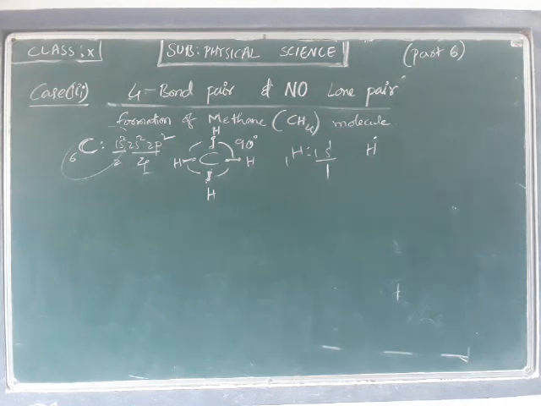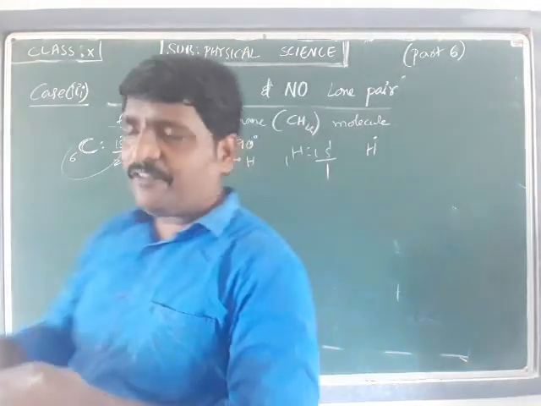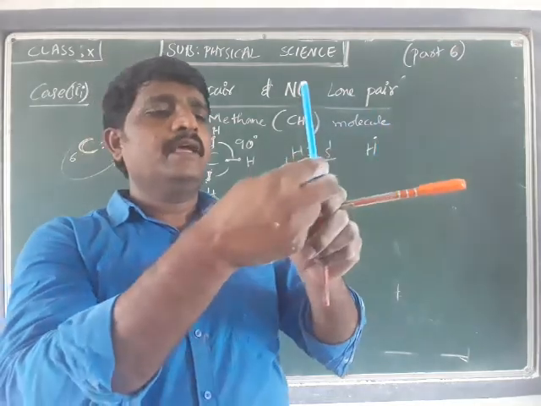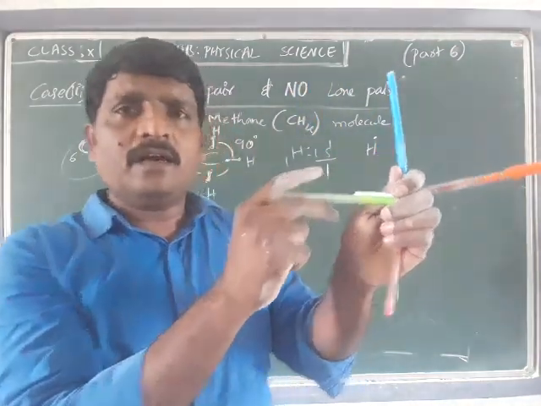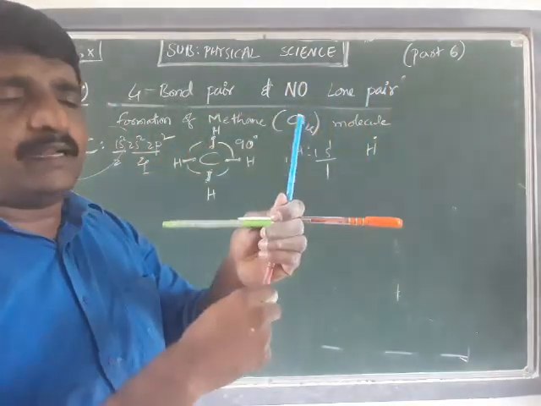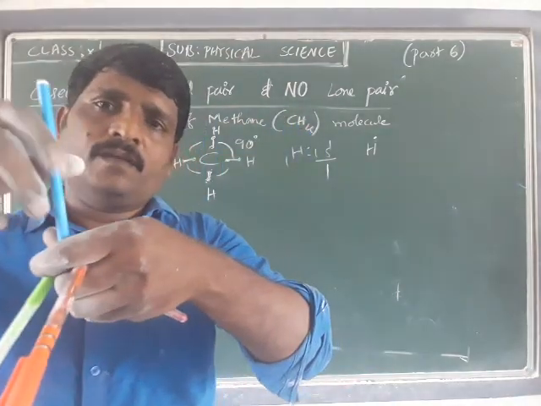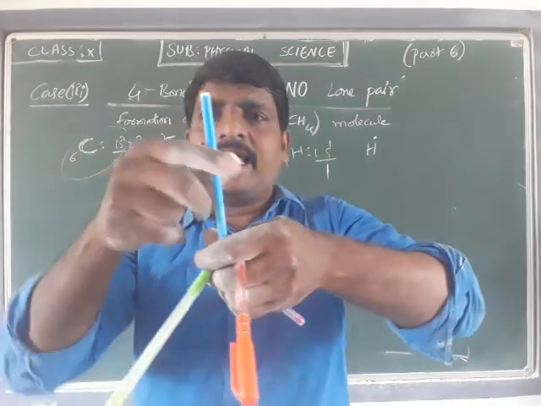But according to the 3-dimensional arrangement, there is one more interesting thing. See these 4 bond pairs, instead of arranging in this form, they are arranged in a 3-dimensional arrangement like this.